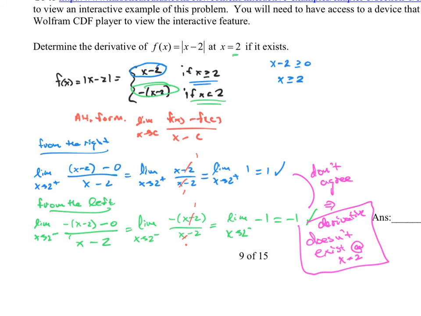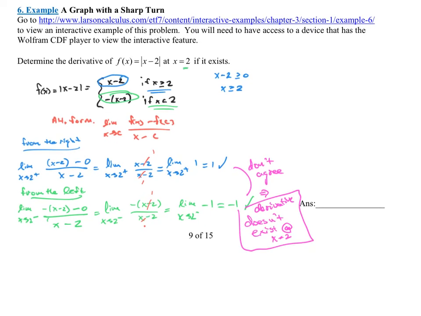So again, I'm a visual person, so I want to see what's going on here. I want you to think about that graph, and if you need, go ahead and use Desmos to graph this for you. What does the absolute value of x minus 2 look like? Well, it looks like a V, right? And here's the value of x equals 2. What you're looking at is the slope on this side of the line to the right is a positive 1, and the slope on this side of the line to the left is negative 1.